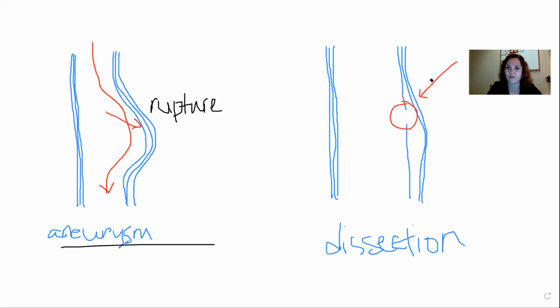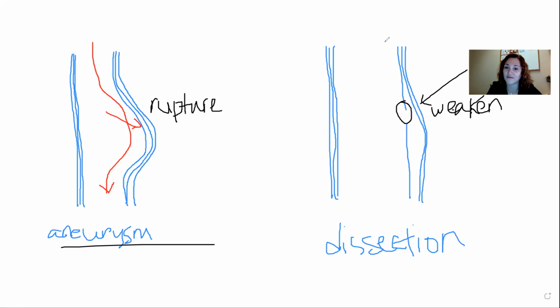I don't like that. Red is supposed to be our blood, right? So let me change that color. So here is our tear in the tunica intima, and the tunica media and externa are intact. However, the disruption here in the tunica intima is weakening the outer layers, right?